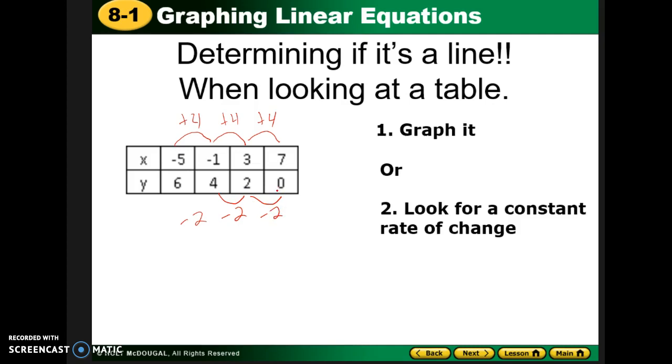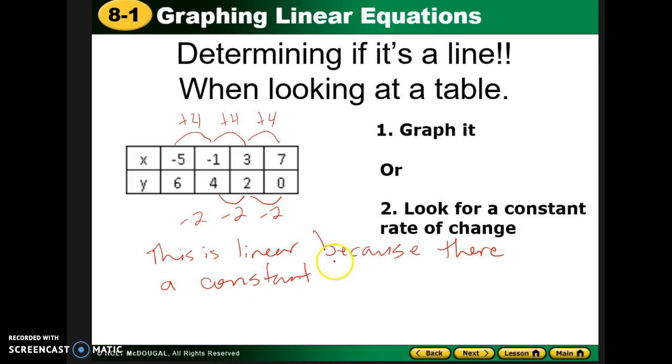So this is a linear equation because there is a constant rate of change in both the x and y. It has to be both. And if you remember, what this is finding is the slope eventually. We'll use this to find the slope.